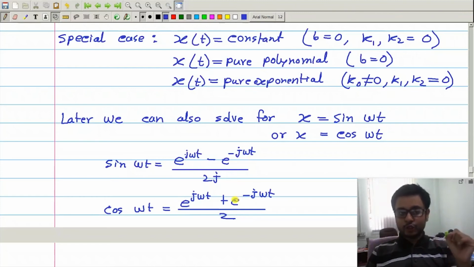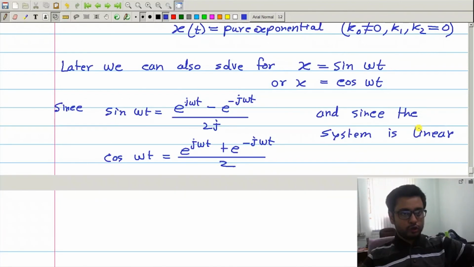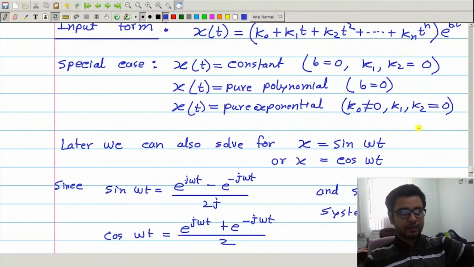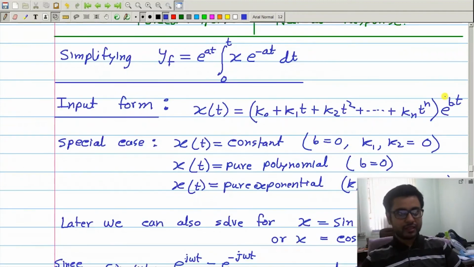So by virtue of linearity, later we can also solve the output for sinusoidal or cosinusoidal inputs. So we shall restrict ourselves to this particular form of the input.